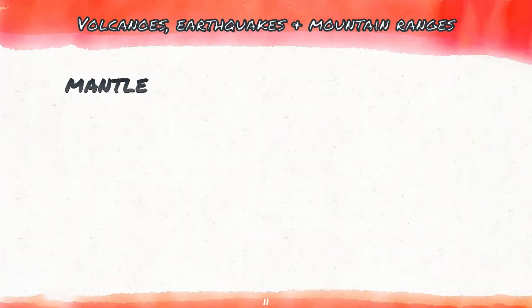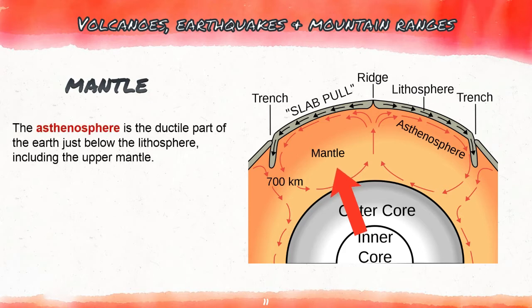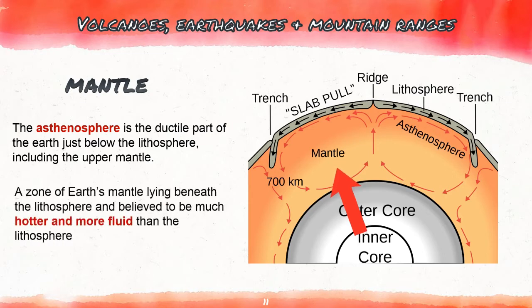Let's have the mantle. As you can see in the illustration, the mantle is the thickest layer of the Earth. And in the mantle, we can find the asthenosphere. The asthenosphere is the ductile part of the Earth just below the lithosphere, including the upper mantle.